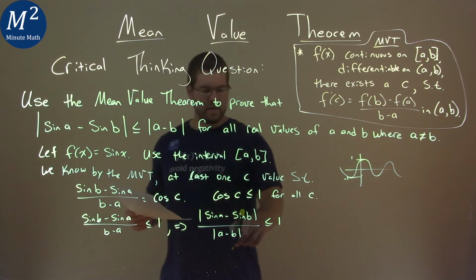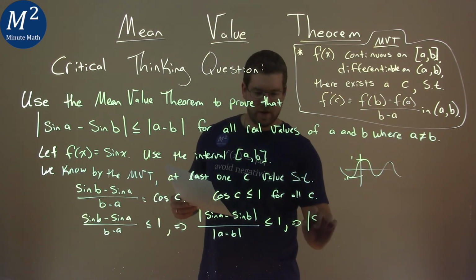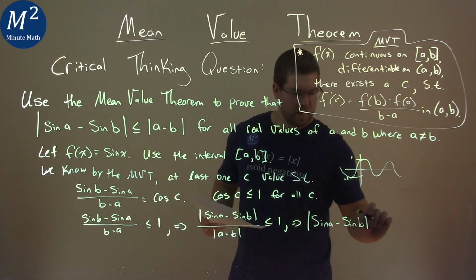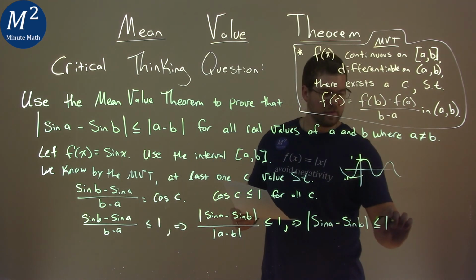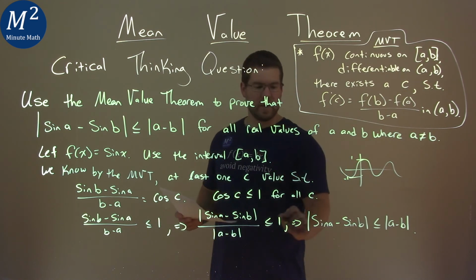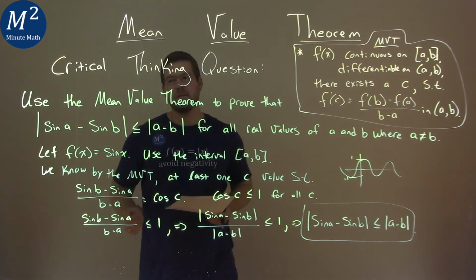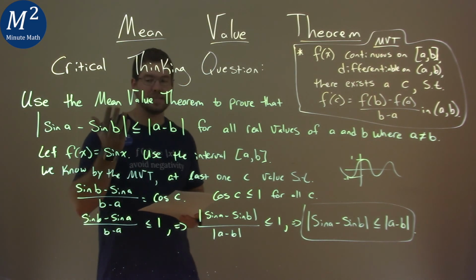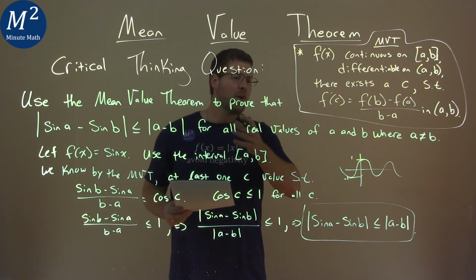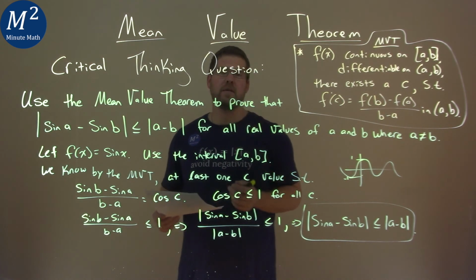And so if we multiply the absolute value of a minus b to both sides, we have the absolute value of sine of a minus sine of b is less than or equal to the absolute value of a minus b, and there we have it. We've proven using the mean value theorem that the absolute value of sine of a minus sine of b is less than or equal to the absolute value of a minus b for all real values of a and b where a is not equal to b, and that is our final answer.